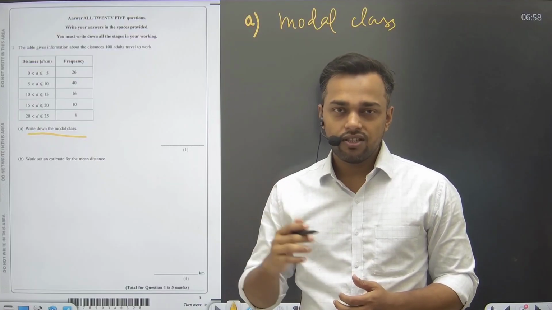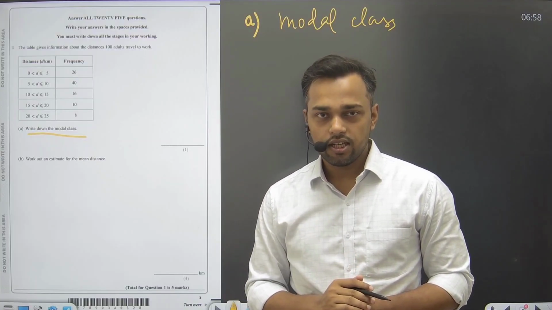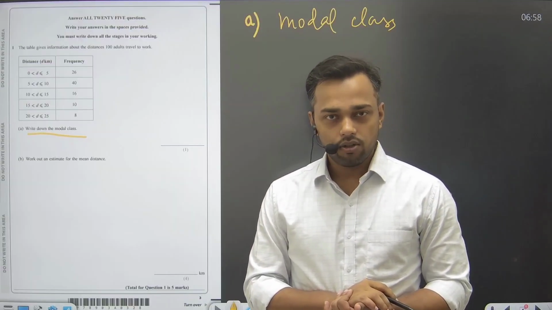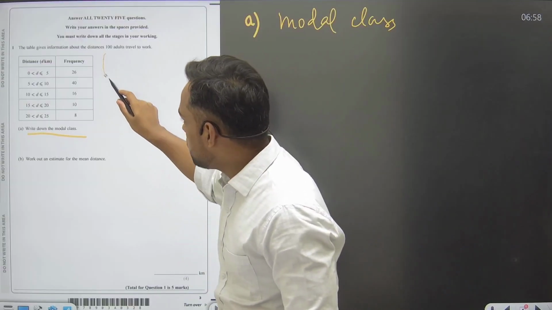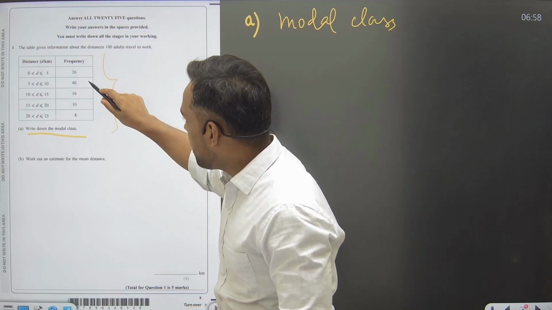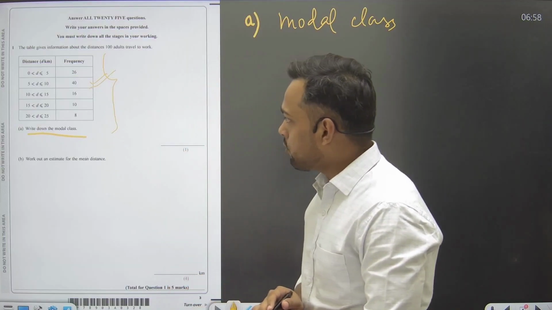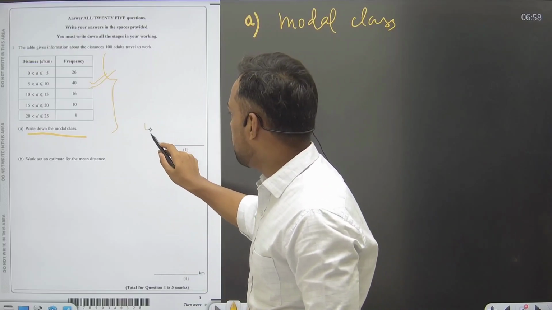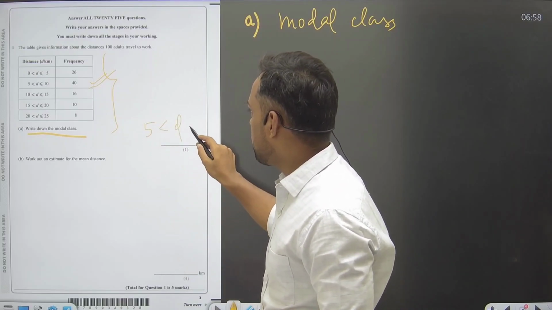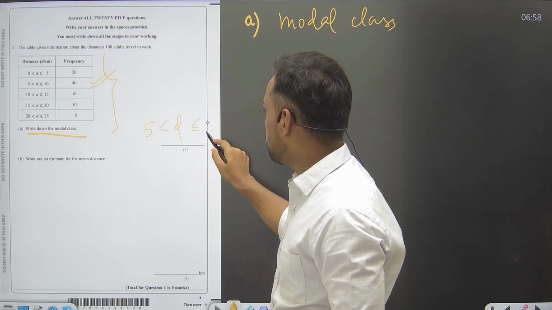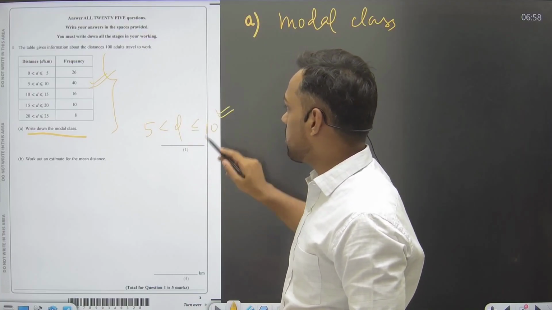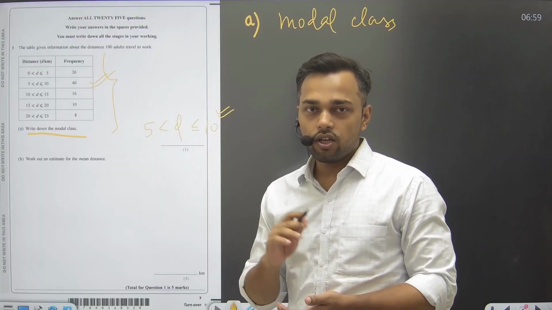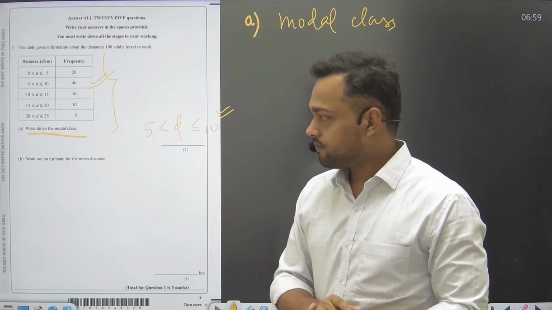Means the frequency of occurrence of a particular number is more, so that will be the modal class. Here you will see that the frequency is highest in this class, 40 is the highest in all this data, so the modal class will be 5 less than D less than or equal to 10. You just need to figure out which frequency is highest, and that is the modal class.